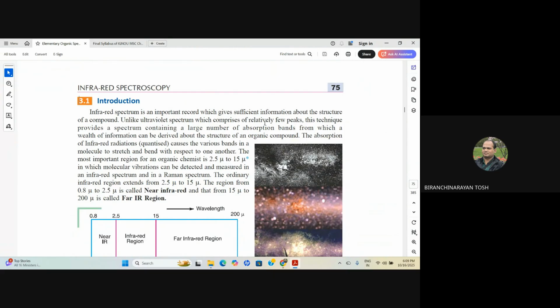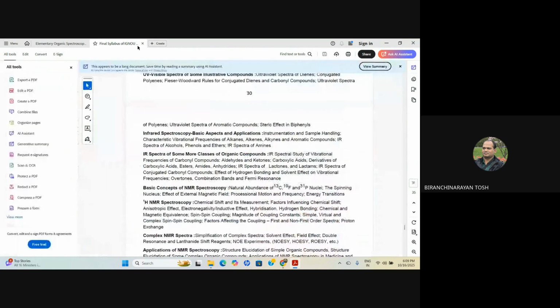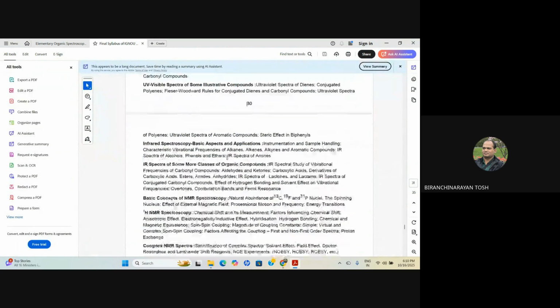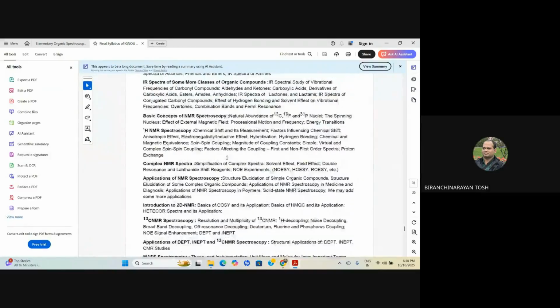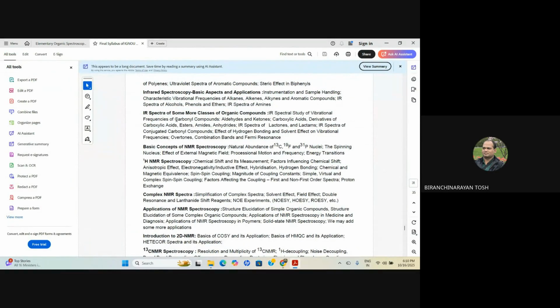So, in our last class yesterday, we discussed ultraviolet visible spectroscopy, or UV visible spectroscopy. The next part is the IR spectra: basic aspects and applications, instrumentation, sample handling, characteristic vibrational frequencies of alkanes, alkenes, alkynes, and aromatic compounds, IR spectra of alcohol, phenol, ether, and amine.